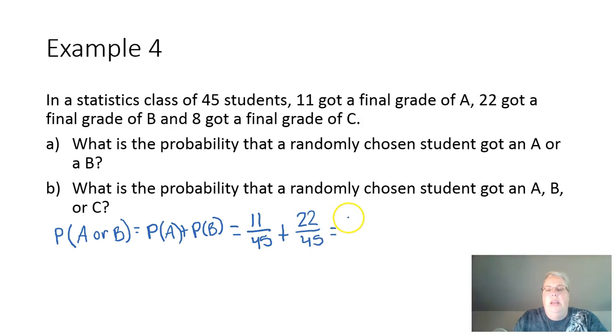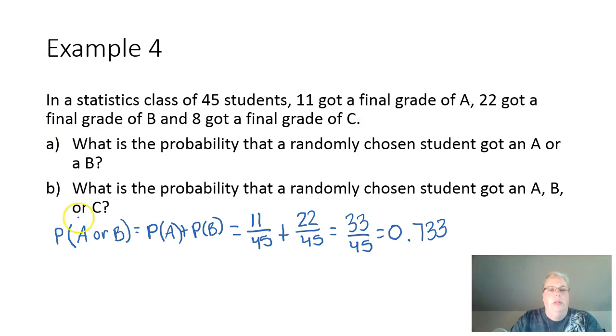And when we add these together, we get 33 out of 45. And when we put this into the calculator to get the 3 decimal point approximation, we will get 0.733.